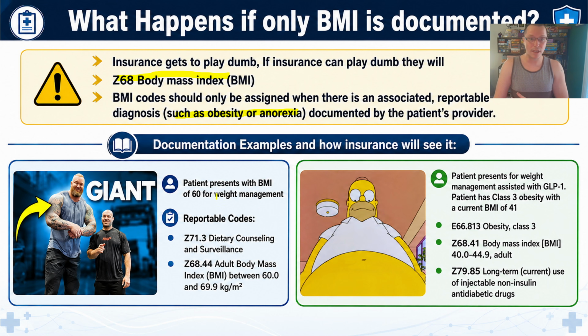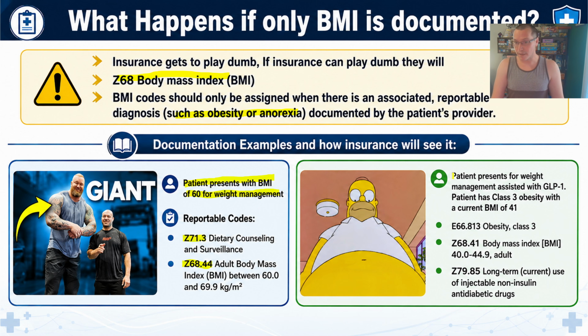We have two different documentation charts here and how insurance is going to see them. Patient presents with a BMI of 60 for weight management. All coders can report is the Z71.3 to make that BMI code justified, dietary counseling and surveillance, and then Z68.44, patient with a BMI of 60 to 60.99.